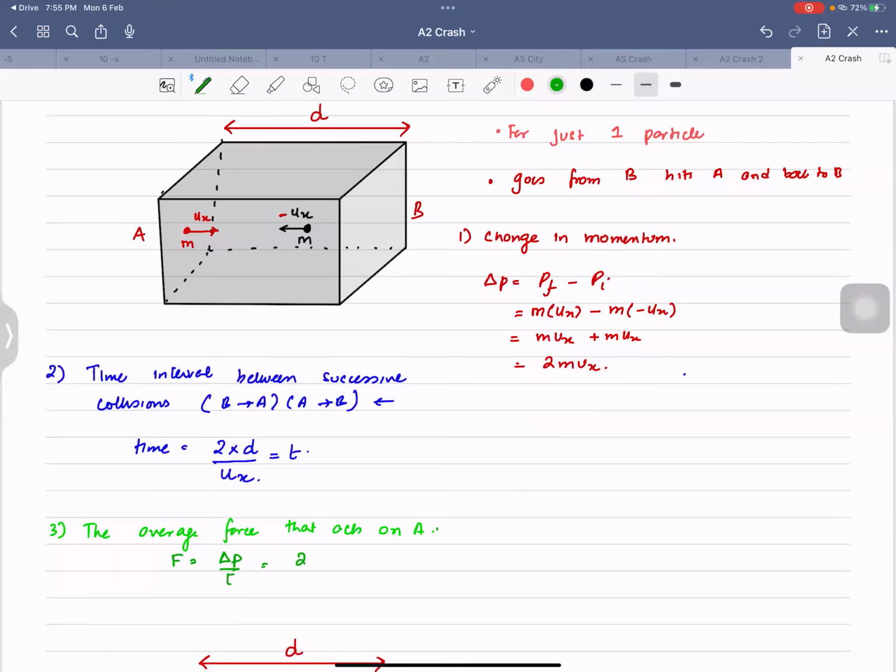The change in momentum was 2mux and the time was 2 times d over ux. Do you agree? Please have a look at it. So ux goes on top and the 2 and 2 cancel out. This becomes mux squared divided by d. So this is the value of the force.